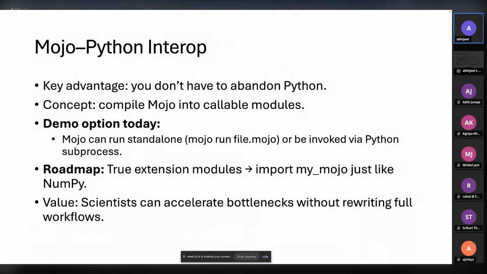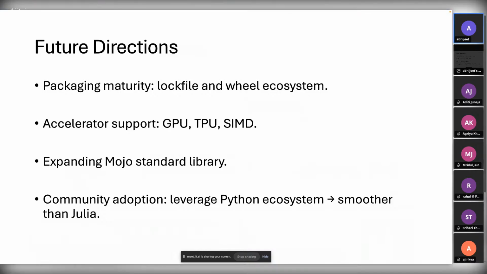Okay. So, looking ahead, there are a few important areas to switch: packaging and reproducibility, better log files, and environment integration will be key. Accelerator support: Mojo is built with GPUs, TPUs, and SIMD in mind, which makes it especially relevant for ML workloads.